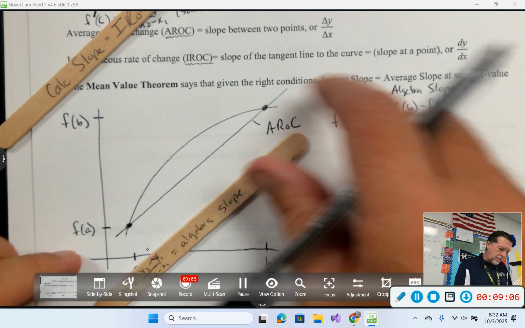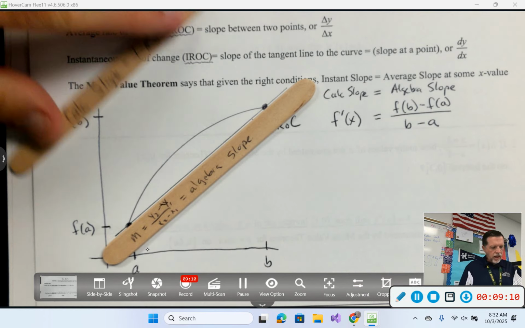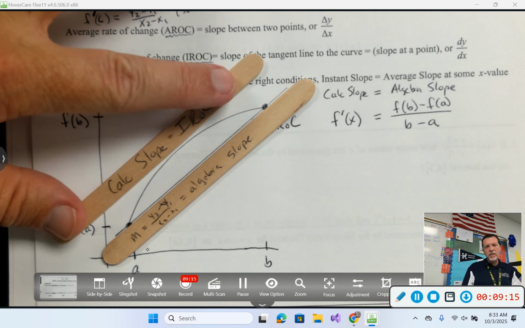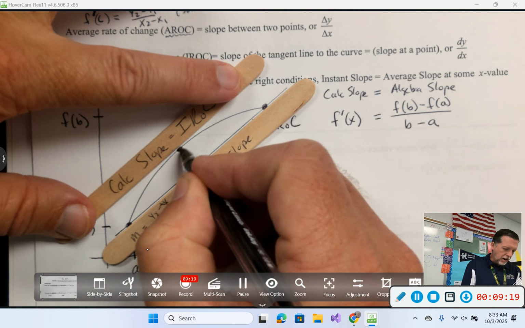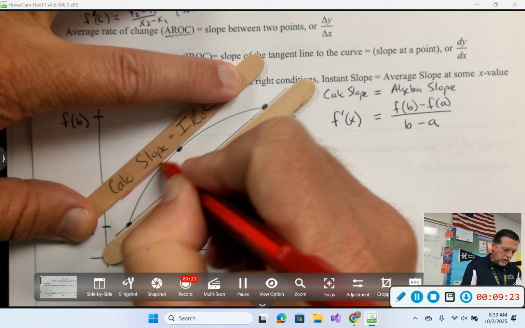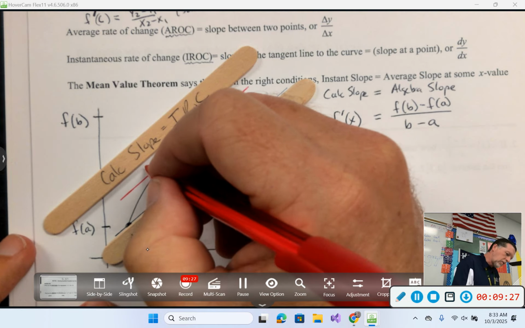But we're claiming that somewhere the calculus slope should be the same. So I put my parallel popsicle stick, and it looks like it happens right about there, where our calculus slope matches our algebra slope.